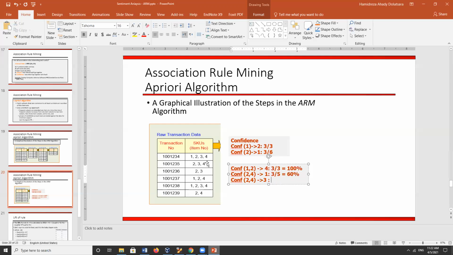In the first one, second one, and the fifth one. So 3 divided by, let me see if I don't have any problem. Yes, just this 3. How many times 2 and 4 repeated together? In the first one, second one, fourth one, fifth one, and last one. So 3 divided by 5.